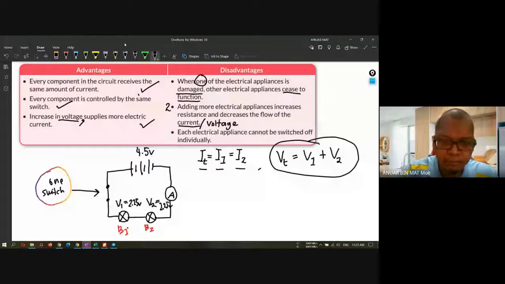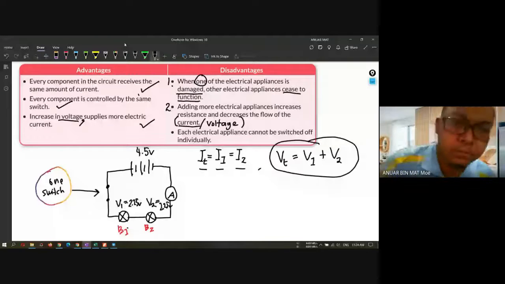Again, go to disadvantage number 2. Adding more electrical appliances increases the resistance and decreases the flow of current or voltage. Which one is the correct one? The current or voltage? Voltage, yeah. Actually, it is voltage.